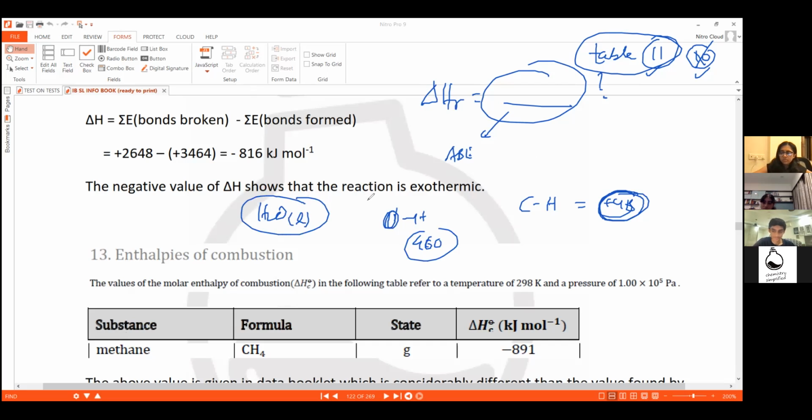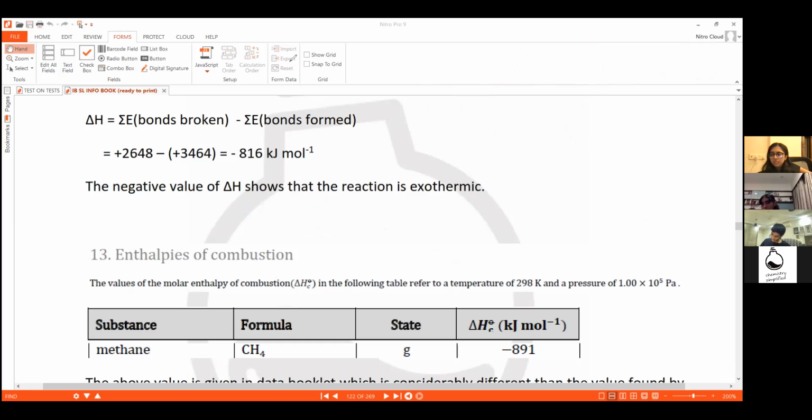But the bond enthalpy definition says the molecule must be in the gaseous form. So that is another typical reasoning that you can give, that the compound is not in the gaseous form. It's in the liquid form or solid form or whatever.